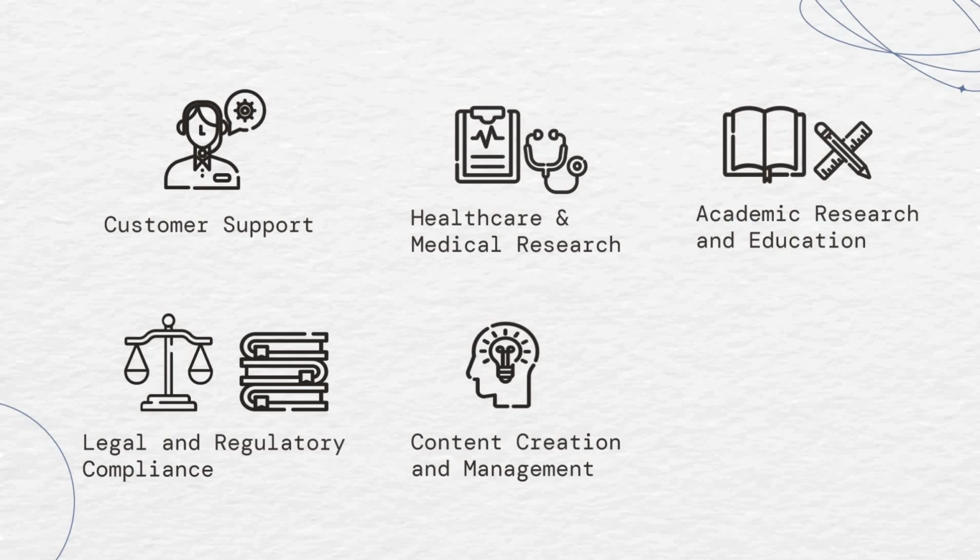It saves time and effort in content creation while ensuring factual accuracy and contextual relevance. For example, a news organization uses RAG to generate comprehensive articles on breaking news events by retrieving information from various news sources and databases. So this is how RAG can find its use in content creation and management.